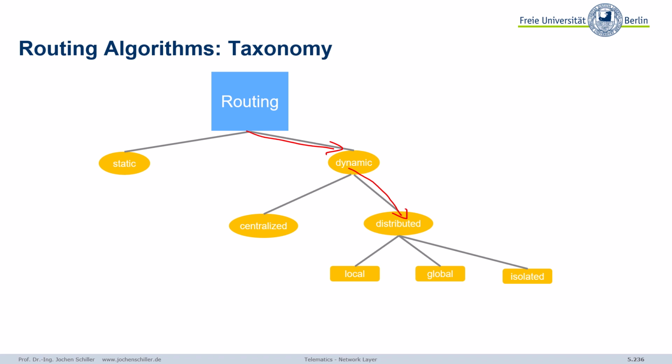In distributed routing, we distribute over different nodes. We still can make isolated decisions, so that all the individual nodes make their decision in a somehow non-coordinated way. But our focus here is on local and global distributed algorithms. It's challenging, but that's the only way we can handle the complexity.